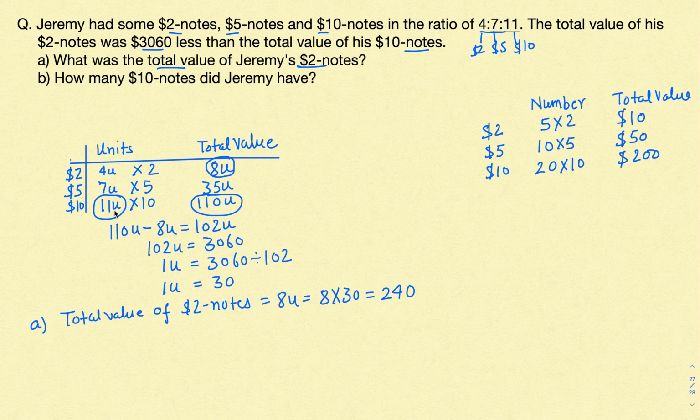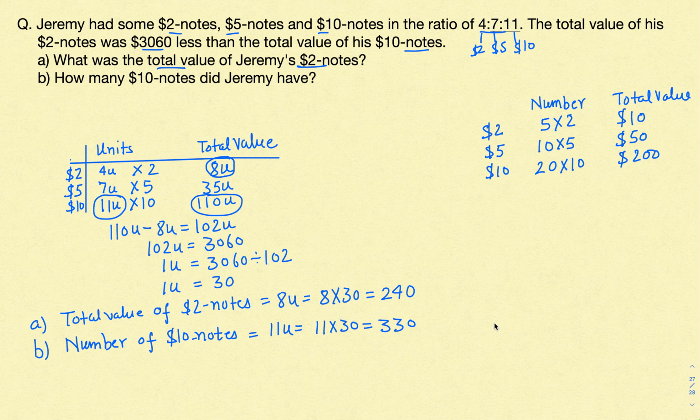So from here we can say that the number of $10 notes Jeremy has is 11 units, which will be equal to 11 times 30. That will give you 330.